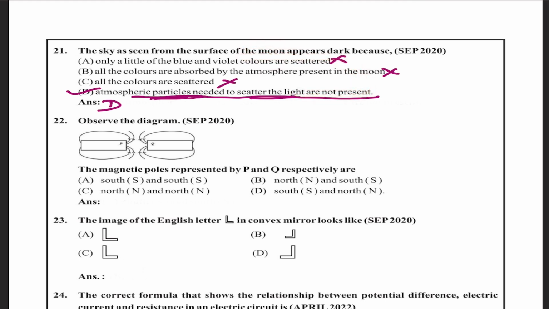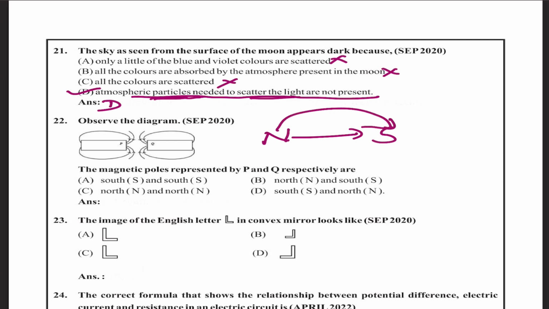Coming to the next question. Observe the diagram. The magnetic poles represented by P and Q respectively are. For this, we have to know the properties of magnetic field lines. We know that the magnetic field lines emerge from north and they reach the south pole, from north to south.